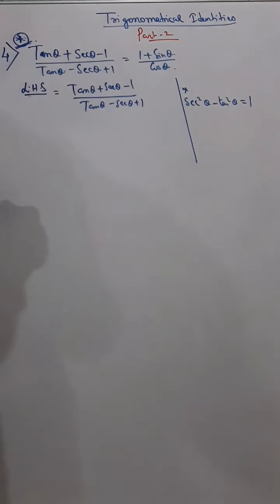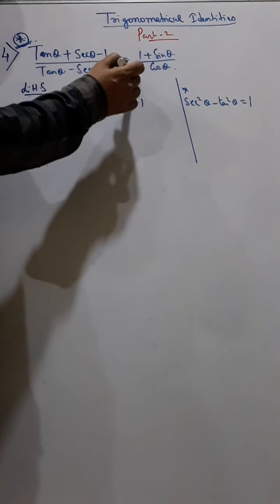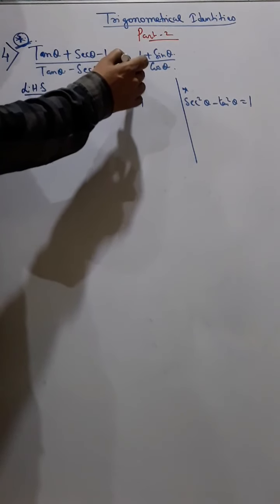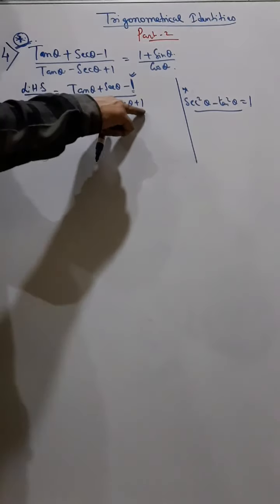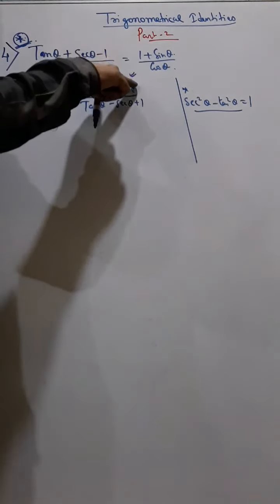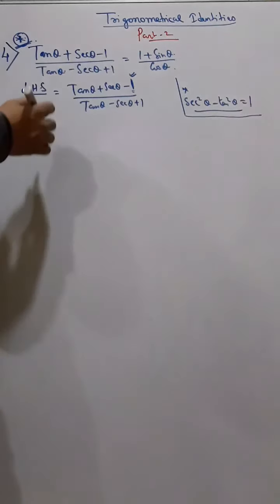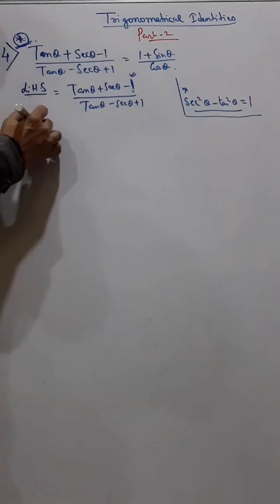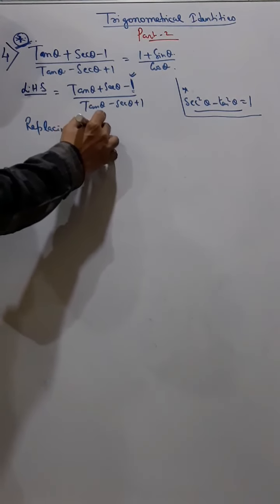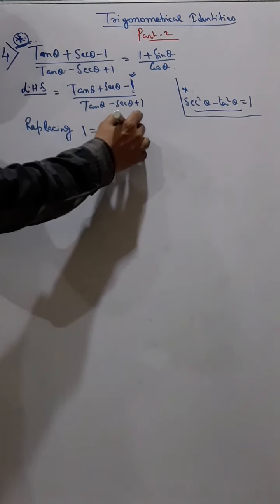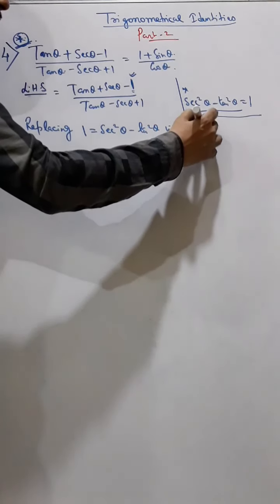What we'll do here is replace the 1 of the numerator, meaning this one, not the denominator, with sec square theta minus tan square theta. So we will write, replacing 1 is equal to sec square theta minus tan square theta in the numerator.